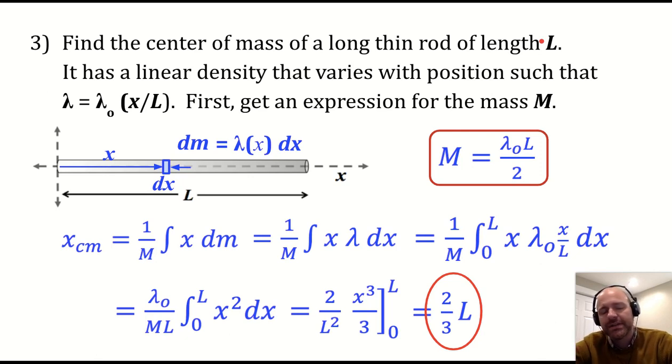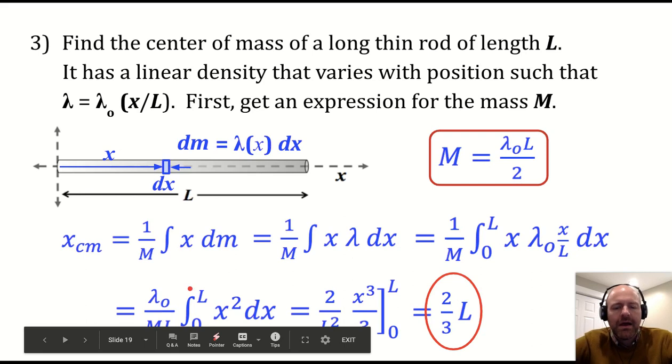So this is going to be an integral from 0 to L of lambda dx, where lambda is x over L. That's how we get the total mass. Once you find the total mass, you can plug that in. We have a few extra terms here, and we find that the center of mass is at 2/3 L.